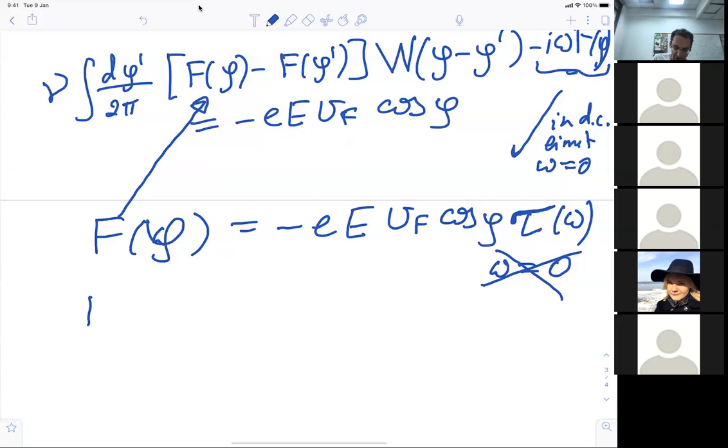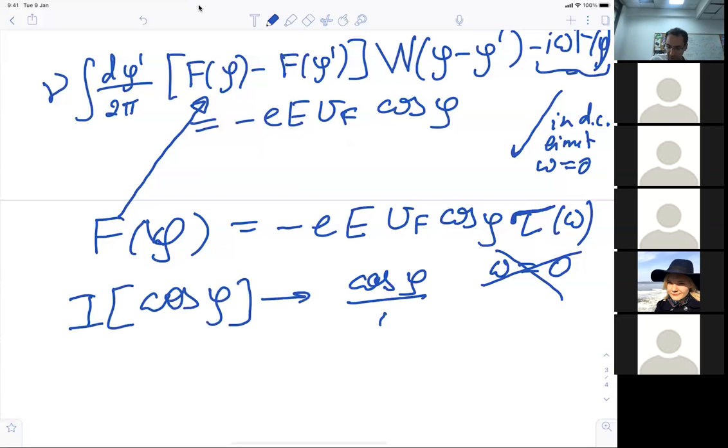So we know that the collision integral, when it acts on cosine phi, yields minus cosine phi divided by tau transport, with the minus sign, to be careful.